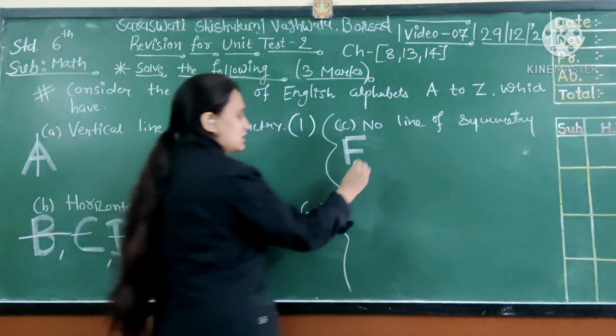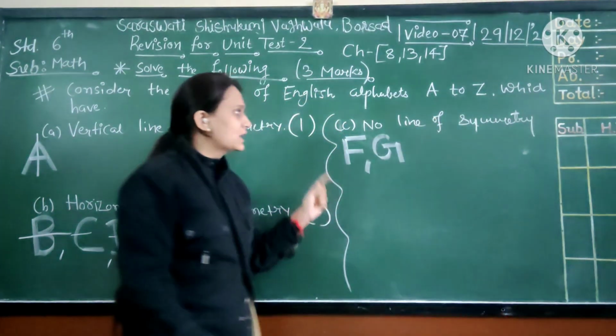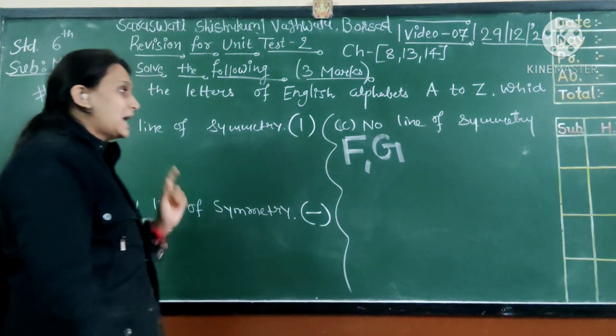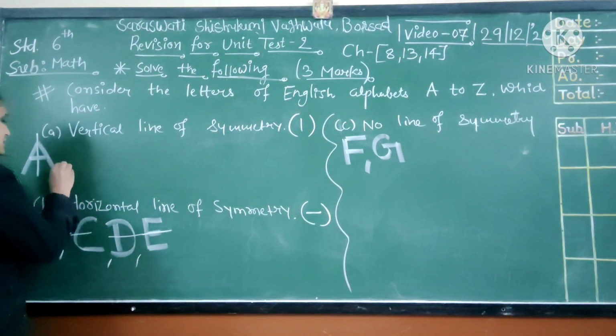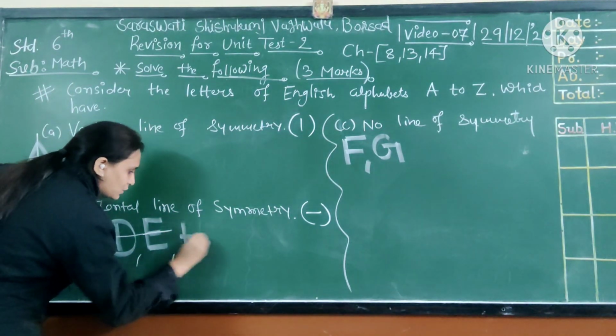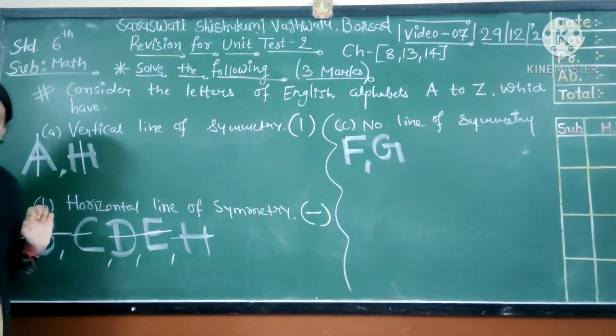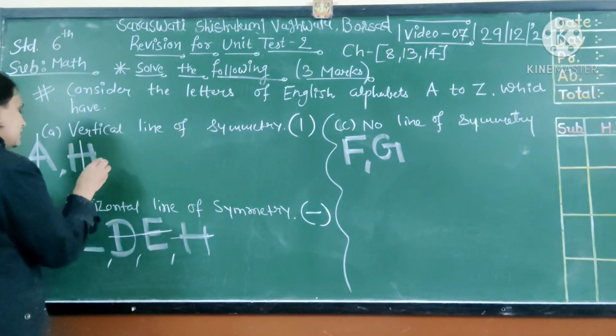Then G. G also does not have any line of symmetry, so G will come here, no line of symmetry. Then H. H is the letter in which both lines of symmetry will come. So H will come in both. It has horizontal and vertical lines both. Then again I.